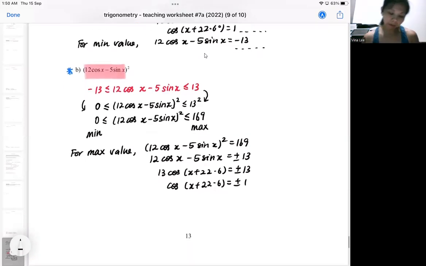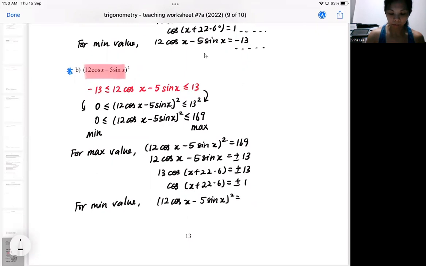For the minimum value, which is 0, you set the function to 0. When you set the function to 0 and take a square root, it makes no difference. Square root of 0 is still 0. So remember from the first part, I don't need to use my R formula.